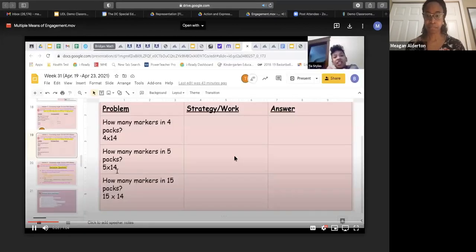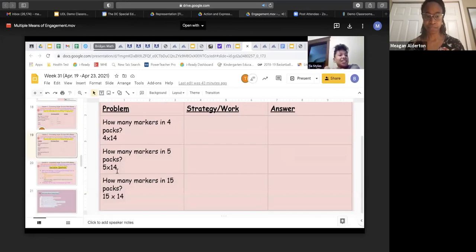That's like the challenge. But you guys are capable of doing it. Now, a couple things. All right. You can choose your strategy, either between ratio table or area model. I'll allow you to choose your strategy. If you're choosing a ratio table, you're going to have to write it on a piece of paper.